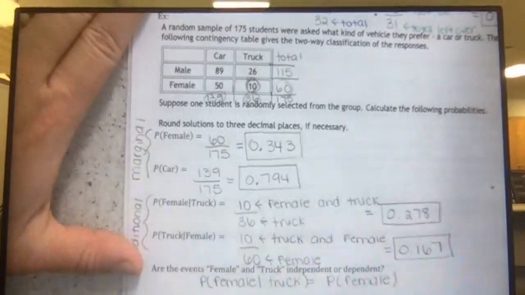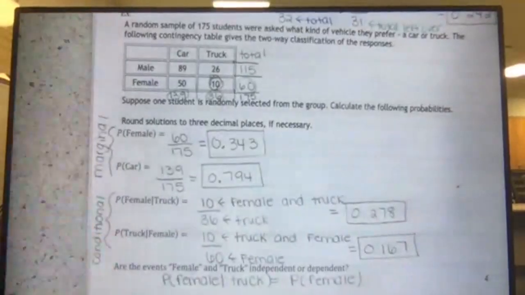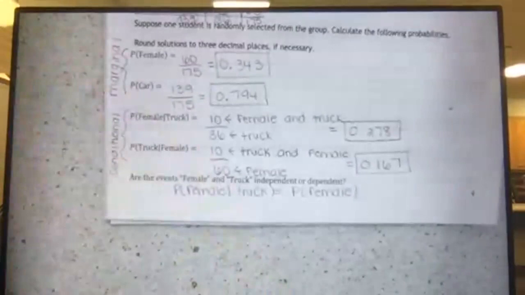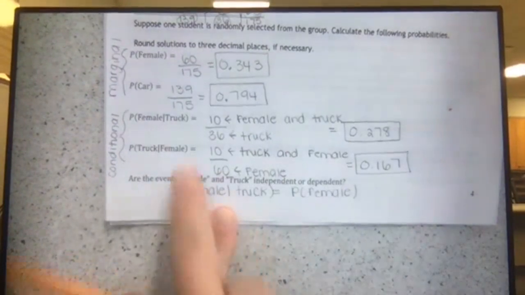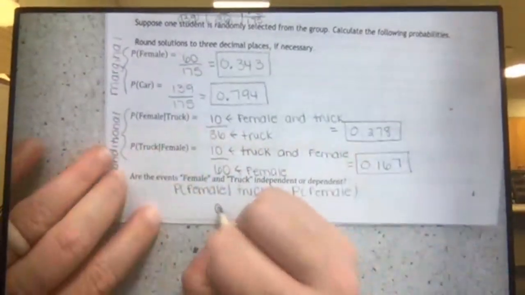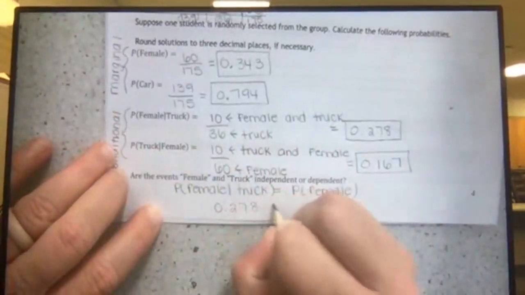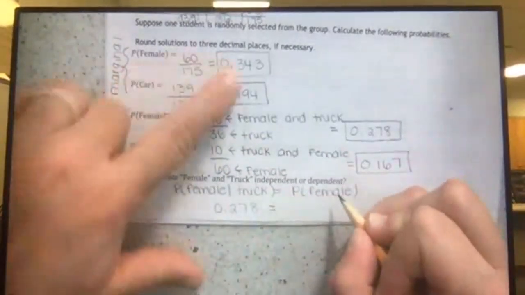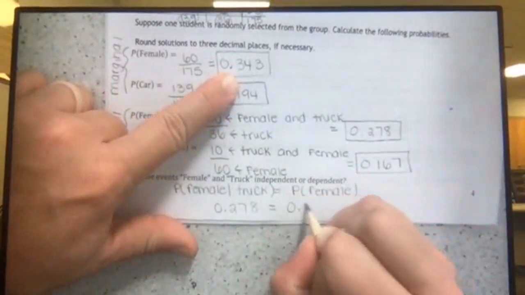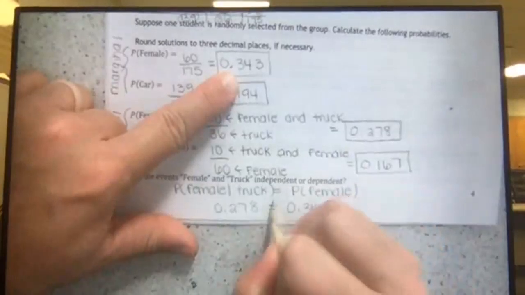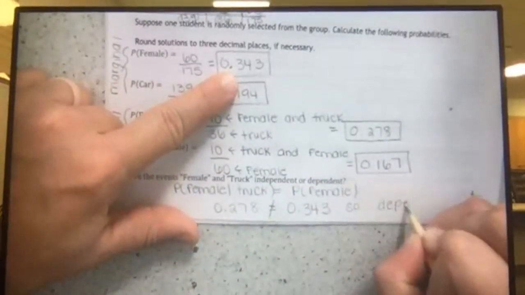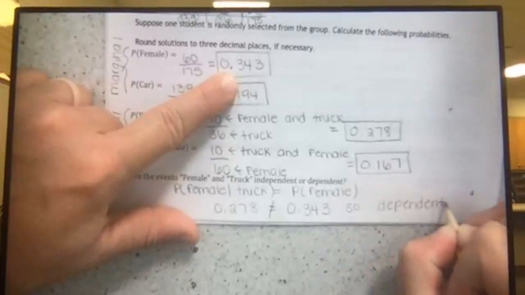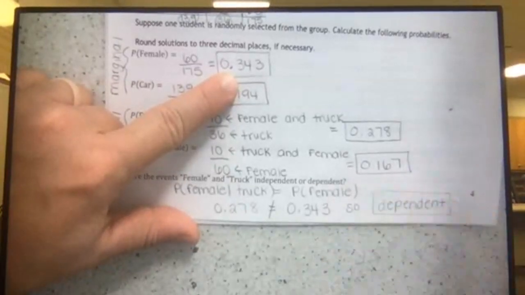Thankfully, we already found all these on the previous problem. So female given truck, we said was 0.278. And does that equal probability of female, which we said was 0.343? No, it doesn't equal. So they're dependent.